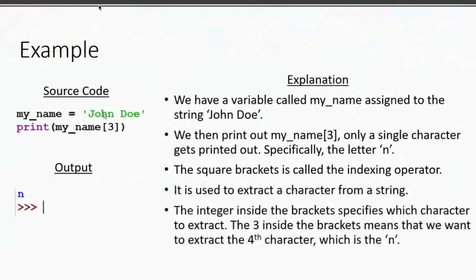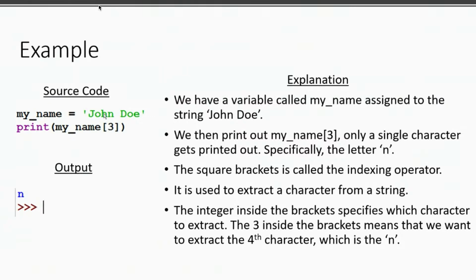Okay, so let's say I create a variable called my_name equals the string "John Doe". And then I want to print my_name, open square brackets 3, close square brackets, close parentheses. Now take note of our syntax. The open and close square brackets allow us to index a particular character. Looking at this code, print my_name with the number 3 passed inside the square brackets, what character do you think is going to print?